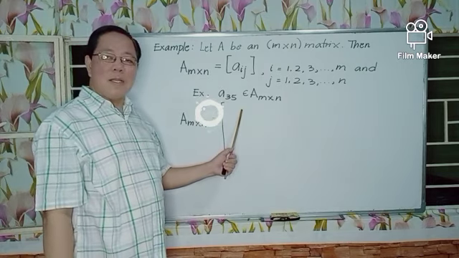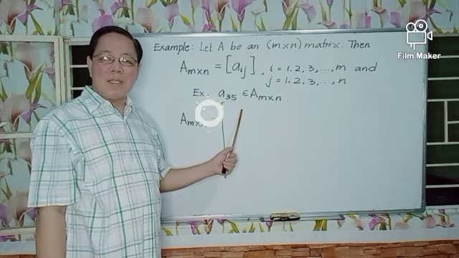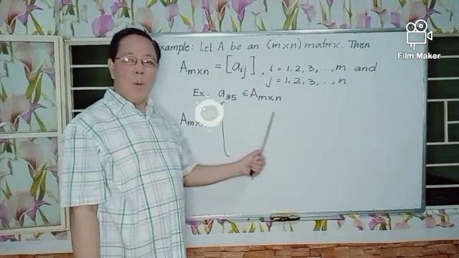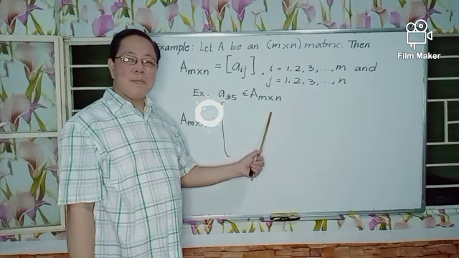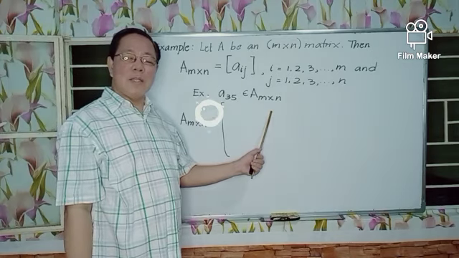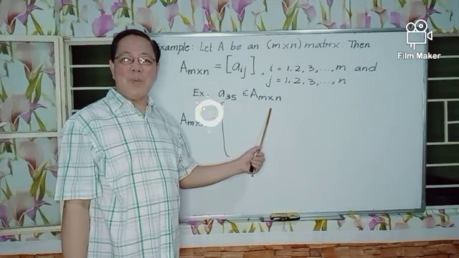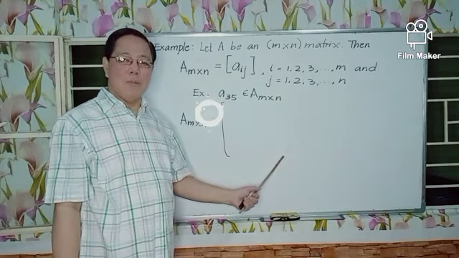The next entry in the first row of matrix A belongs to row 1 and second column. The next entry is the entry in the same first row, but in the third column.